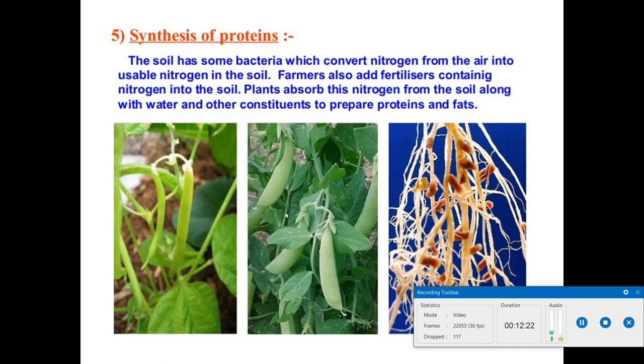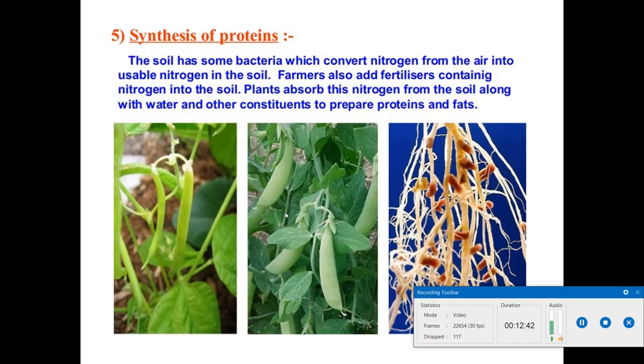Then how does it get the nitrogen? The soil has some bacteria that can convert this gaseous nitrogen into usable nitrogen in the soil.